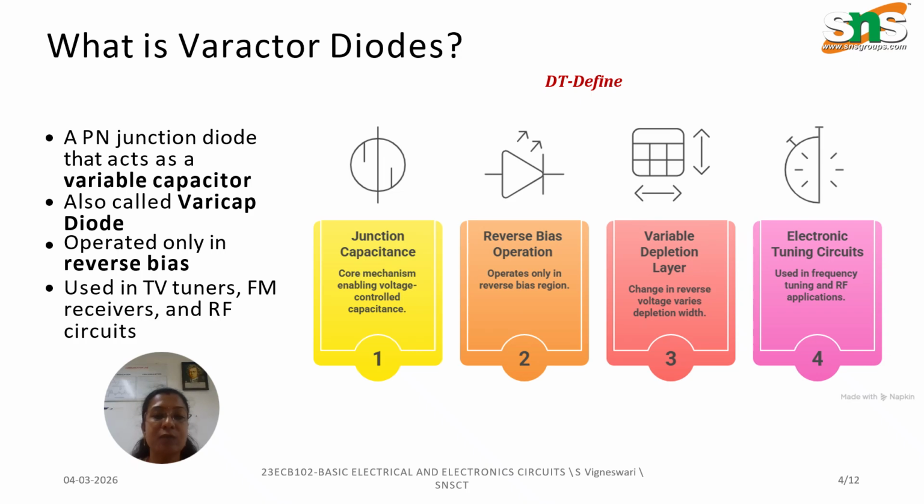And because of its variable capacitance property, this is also called a varicap diode, that is variable capacitance, and this is widely used in devices like TV tuners and FM receivers. Here you can see from the picture how it has been defined: as a junction capacitance, and it operates in the reverse bias condition.